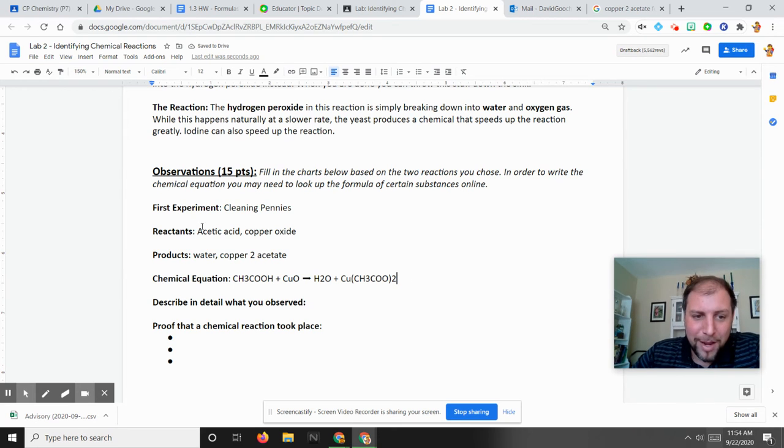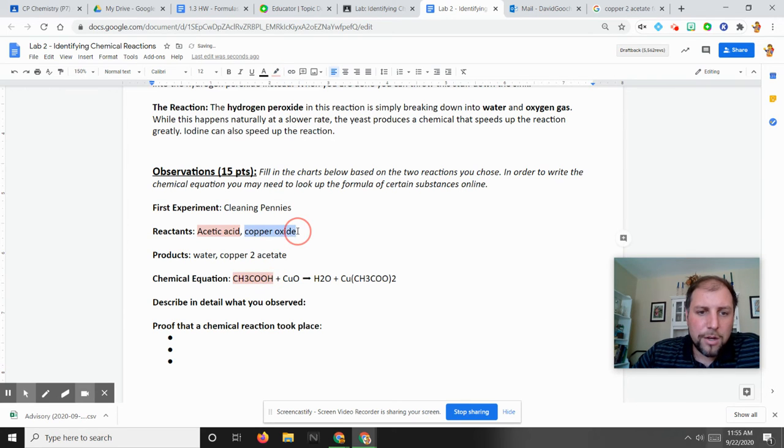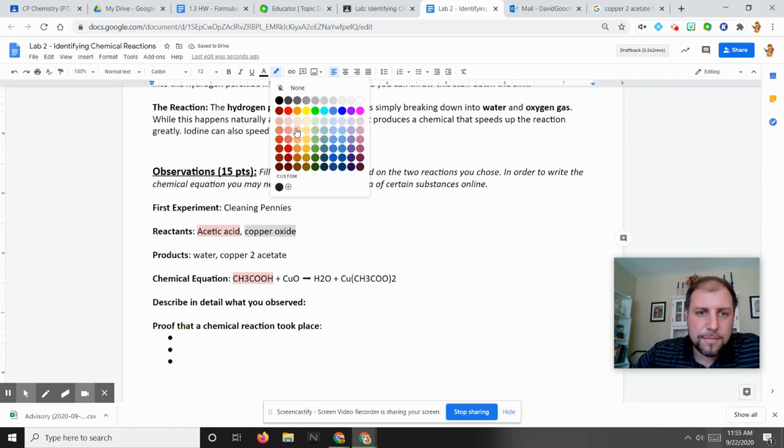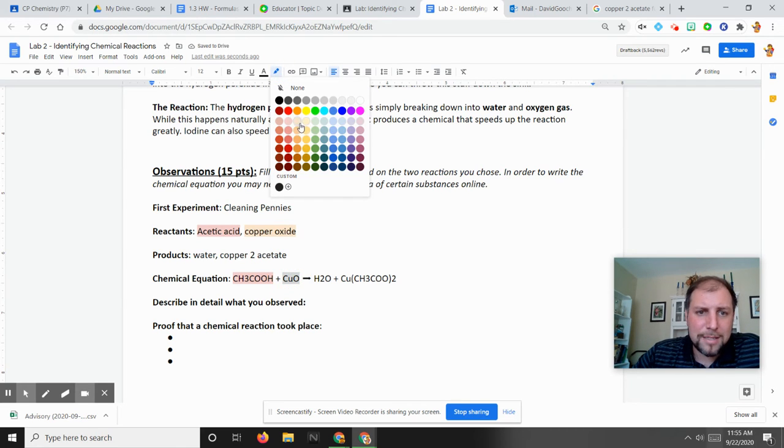That's the chemical equation. Okay, here's the name of the acetic acid. That's one of the reactants. And here's the formula for the acetic acid. So that's taken care of. Here's the copper oxide. And here's the formula for the copper oxide.